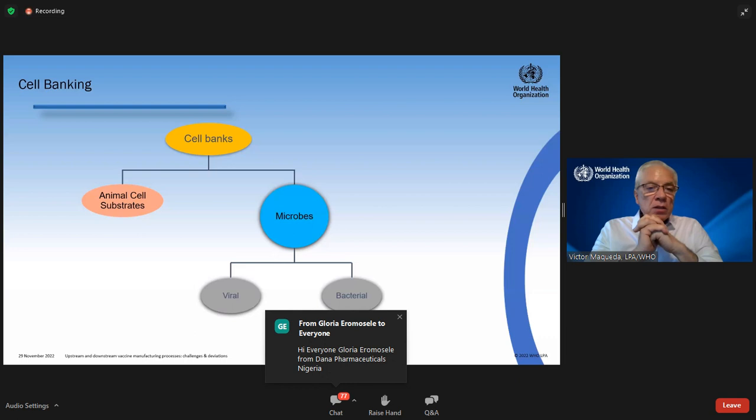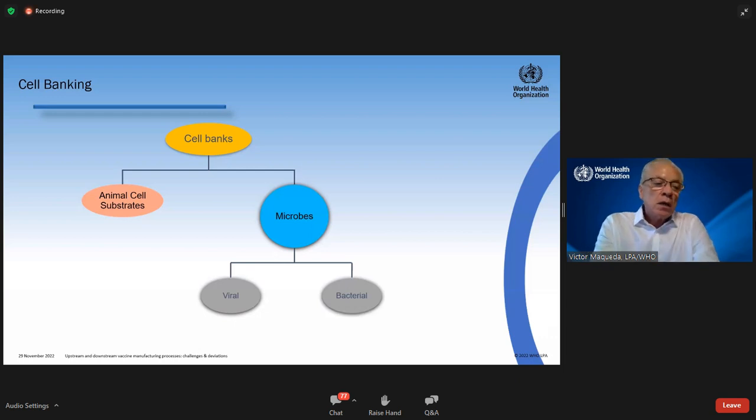This is important because the nature and the variability of biologicals are very related to how we protect our cells, which are going to be the basis for the finished product. So this is the first concept I would like to share, that the quality of the finished product, in this case vaccines or other biologicals, starts in the cell banking.